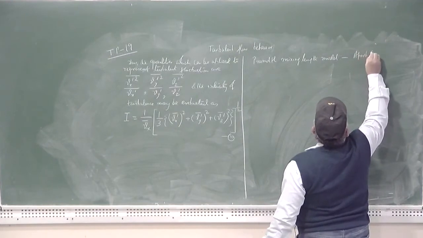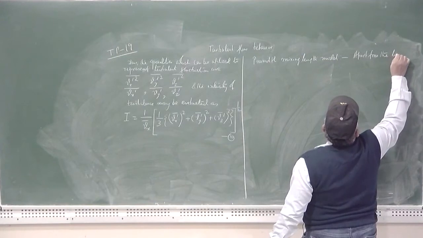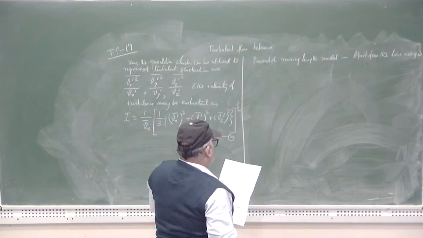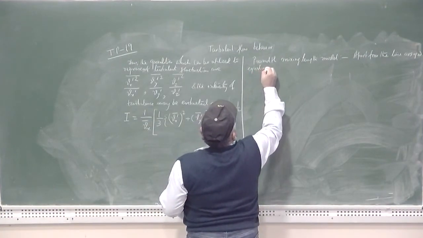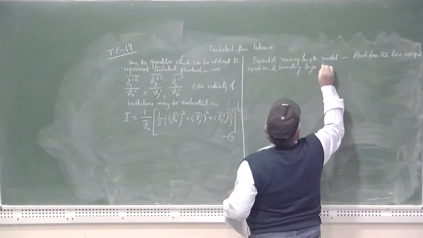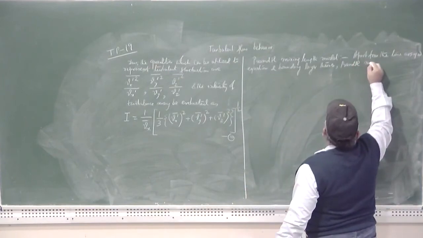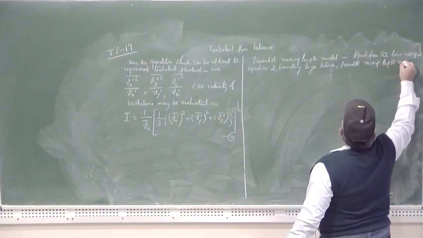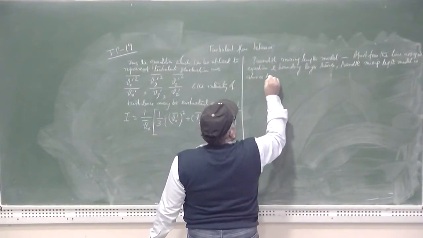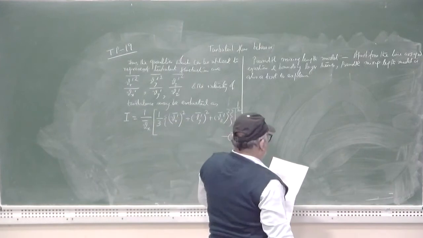Apart from the time averaged equations and boundary layer theories, the Prandtl mixing length model is also a tool to explain the momentum transfer.